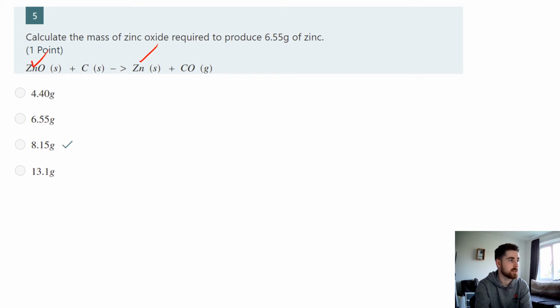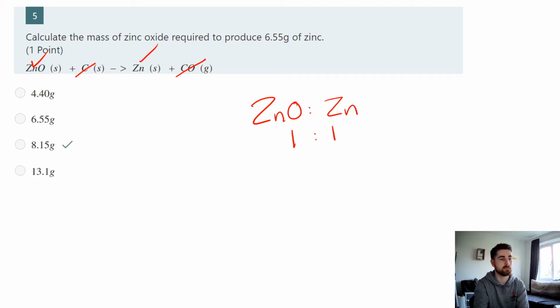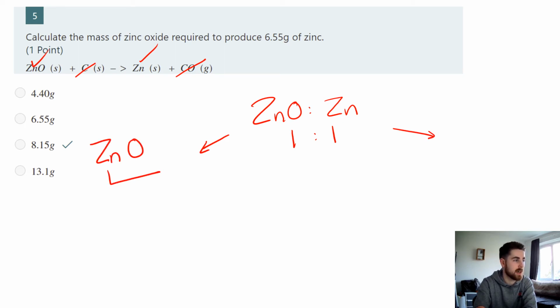So zinc oxide and zinc, which means you can ignore the carbon and carbon monoxide. Then let's write a ratio. Zinc oxide to zinc, it's a 1 to 1 ratio. What we can then do is work out the GFM, as we've seen before. GFM of both. Zinc has a relative atomic mass of 65.5 and oxygen 16.